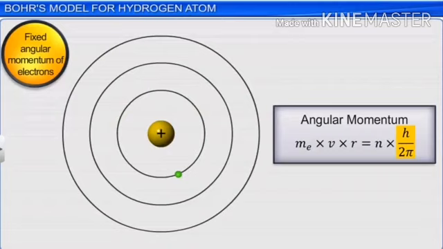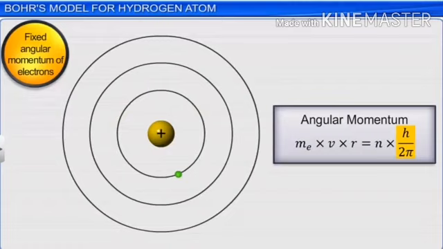Since electrons can move only in those orbits for which they have a fixed angular momentum, and this angular momentum is an integral multiple of h by 2 pi, these electrons are allowed to move only in fixed orbits.